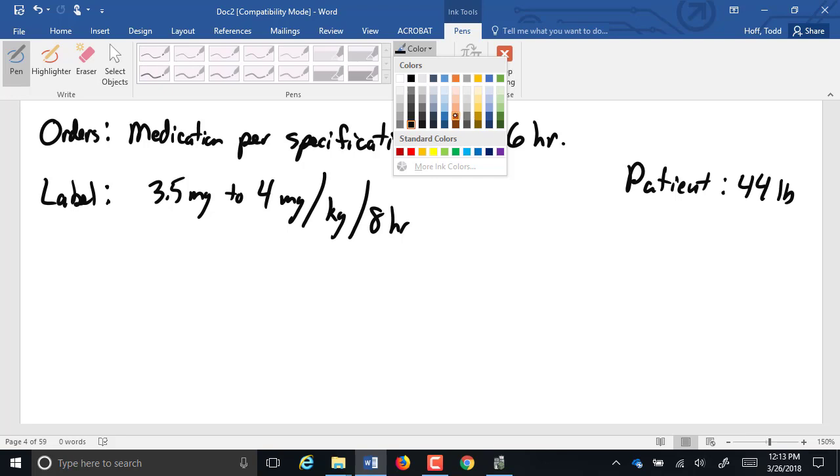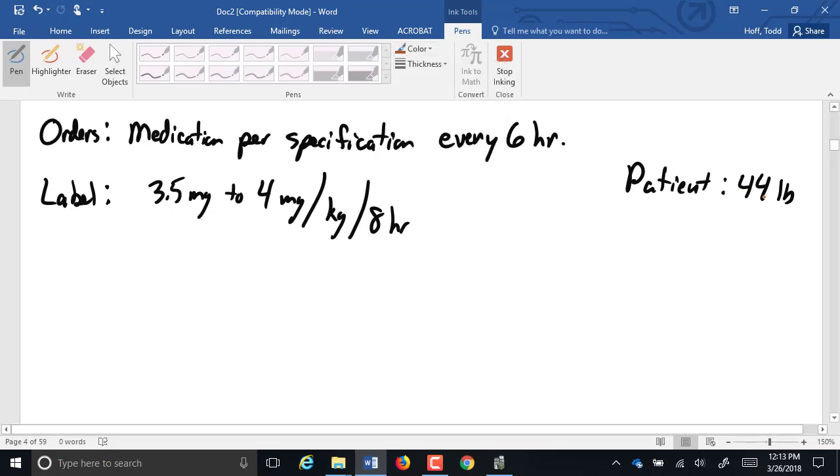So again, we first have to convert our pounds to kilograms, and that's dividing by 2.2. So 44 pounds is 20 kilograms. So that's where we start our dosage calculations off of the 20 kilograms.